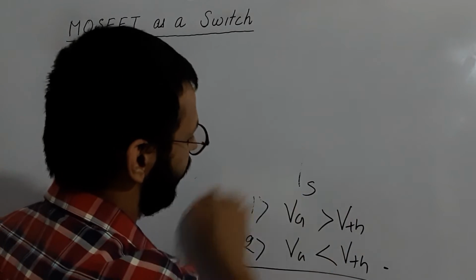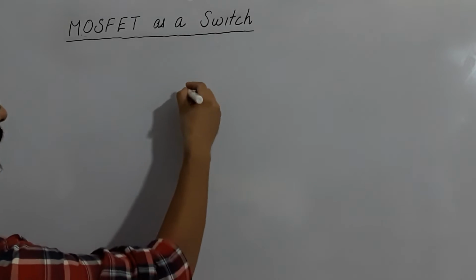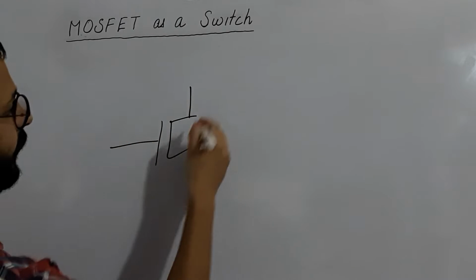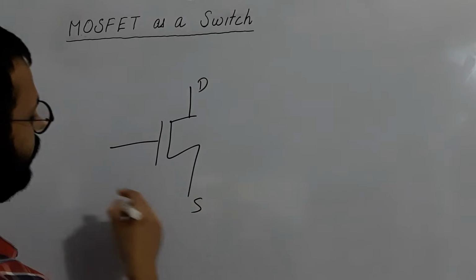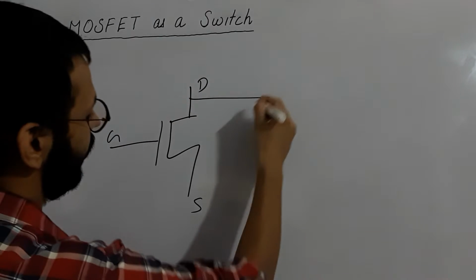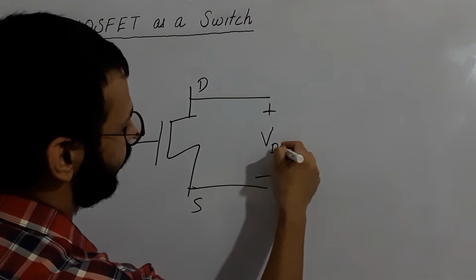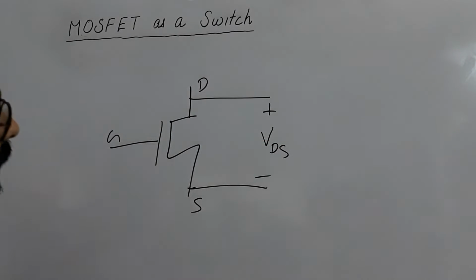To understand the working, I have to make a 2-port network through the MOSFET. So I have the MOSFET, this is drain, this is source, this is gate, and I will apply a positive voltage VDS between the drain and source.